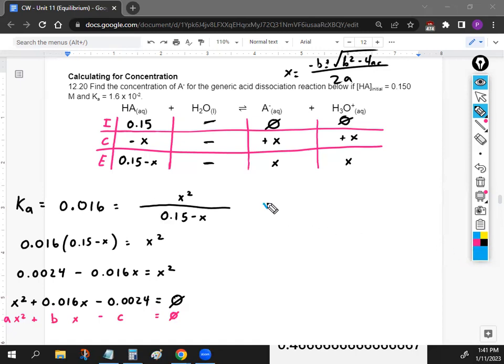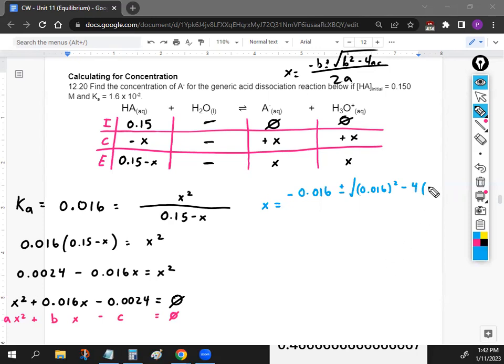So x equals negative b. What's b in this quadratic? Okay, plus or minus the square root of b squared. So we're going to take 0.016 squared minus 4. What's a in our quadratic? 1.